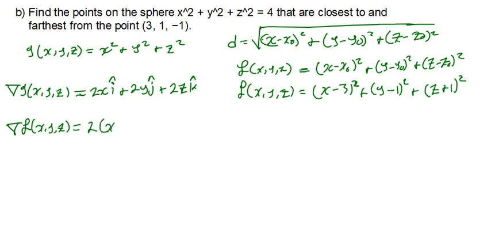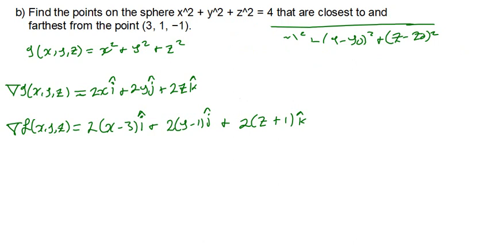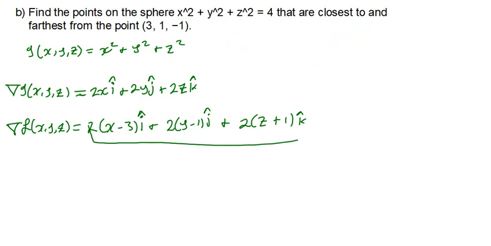So that would be 2(x minus 3) in the i, plus we are going to get 2(y minus 1) in the j, then plus we have our 2(z plus 1) in the k, like that. Okay, so I'm going to erase this part for now, but if I need it I'll bring it back. So remember, we are equating this one to this one multiplied by the lambda, which is our multiplier.